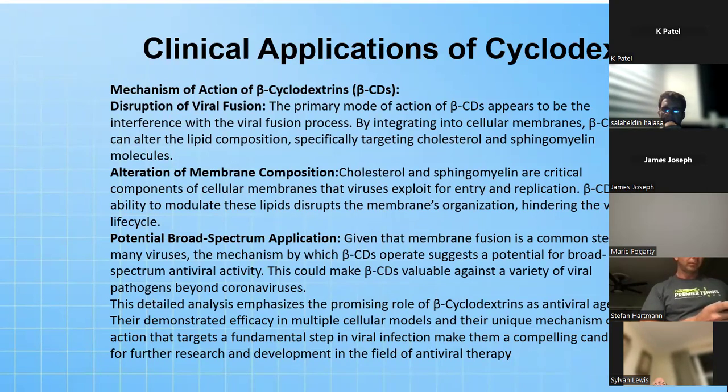This could make beta-cyclodextrin valuable against a variety of viral pathogens beyond coronaviruses. And so there is a promising role for cyclodextrin as an antiviral agent. They demonstrate efficacy in multiple cellular models, and their unique mechanism of action and targeting of fundamental steps in viral infection make them a compelling candidate for further research and development in the field of antiviral therapy.